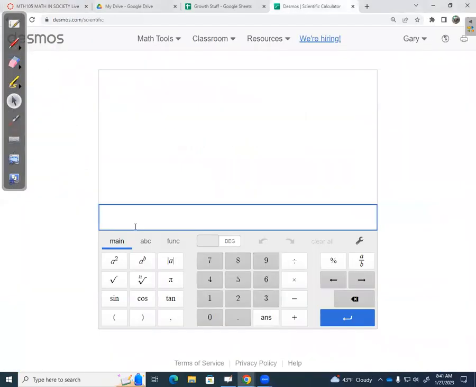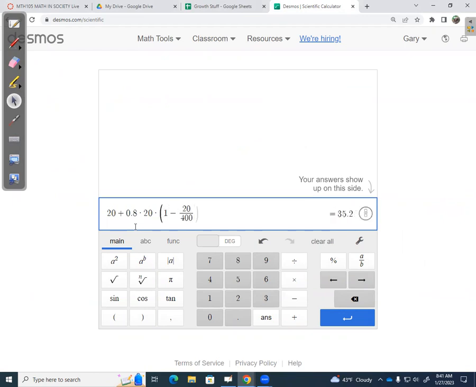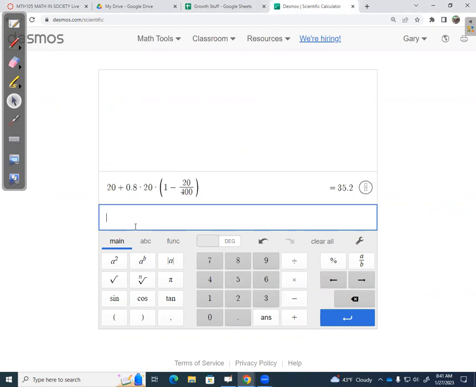So a couple options on Desmos. One, I just type it as I see it. I can just type the 20 plus the 0.8 times 20 times parentheses 1 minus 20 over 400. So I get the next number is 35.2.